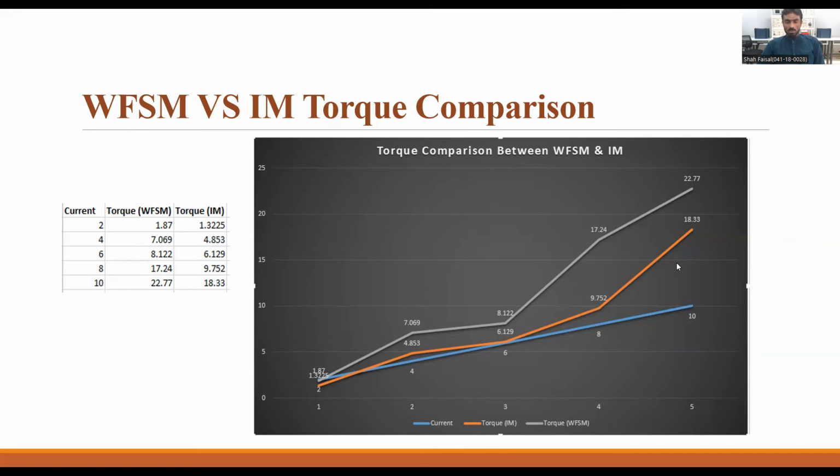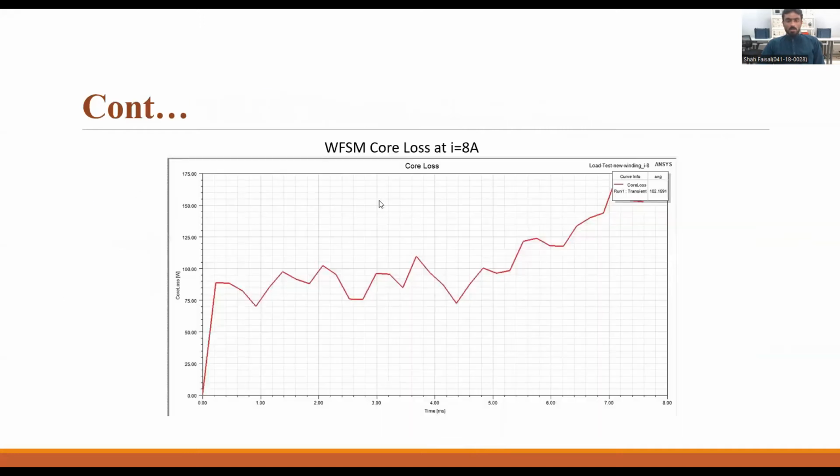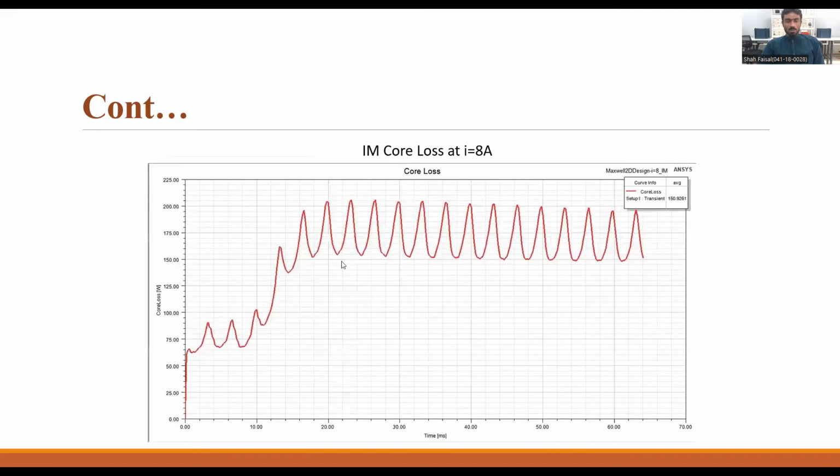Now the core losses for these two motors. For the wound field synchronous motor at 8 ampere, the core loss is almost 102.5 watt, and the induction motor core loss is 150 watt, which is higher.